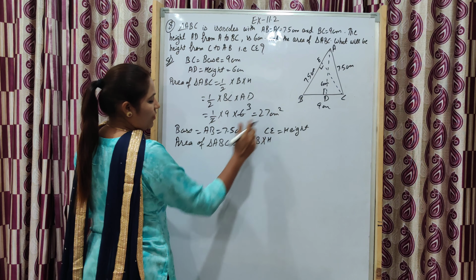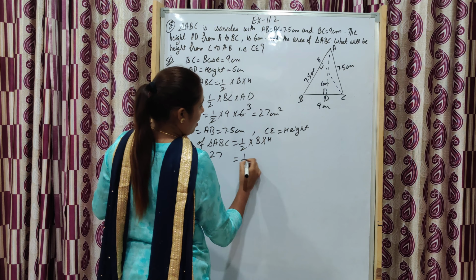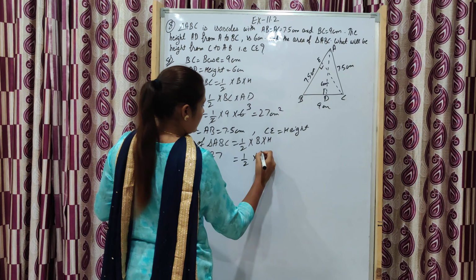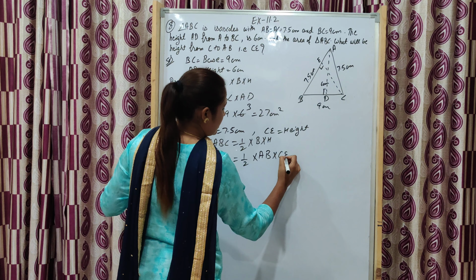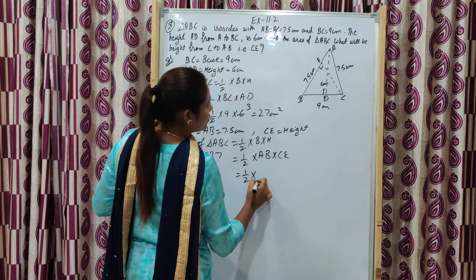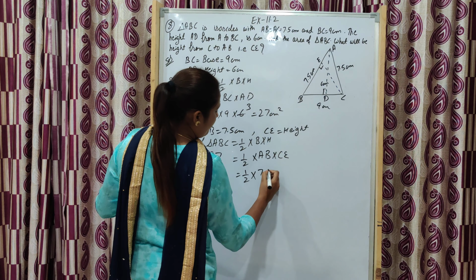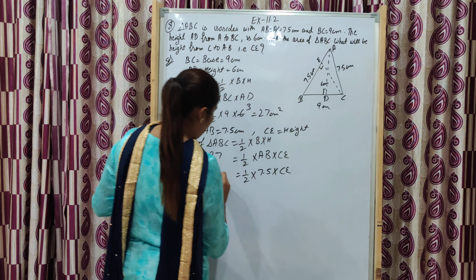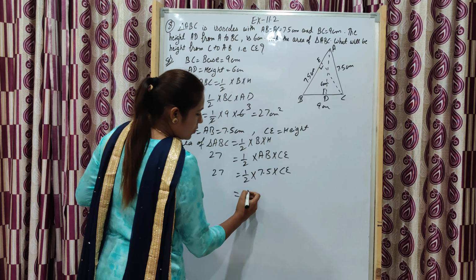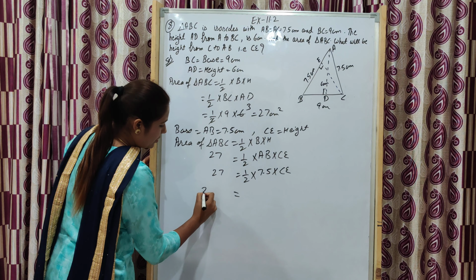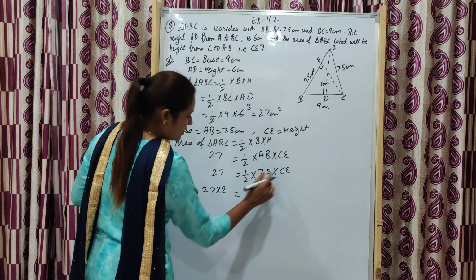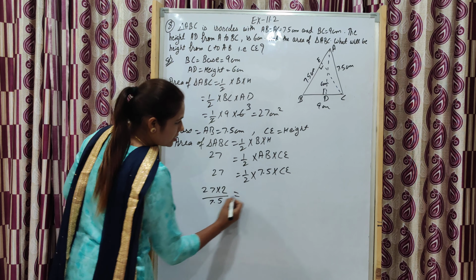So area we found here 27, half, and what is base, that is AB, and height CE, half into AB into CE. And what is AB? AB is 7.5, height we have to find, 27. So 2 is divided here, when it goes to the other side, multiply, 7.5 in denominator.